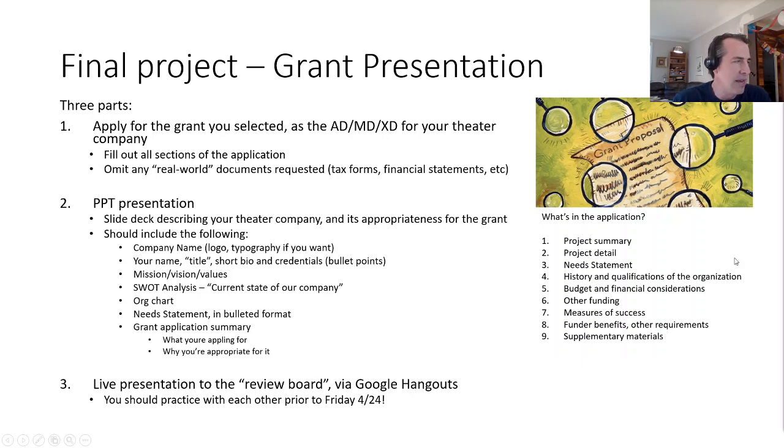For things like who is involved with the organization, you can make up fictional people that occupy the positions in your organization. There's going to be a lot of variation in these applications, so if you have a question on what you can and can't omit, send me the application and ask me specific questions, and I'll give you an answer.